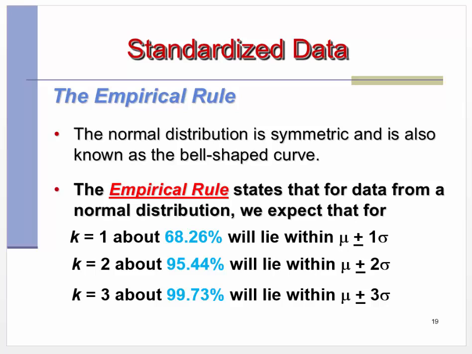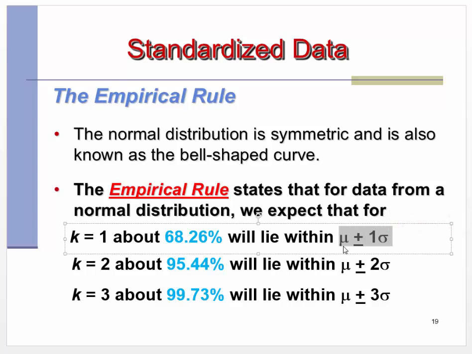It says that the normal distribution is symmetric and also known as a bell-shaped curve, right? We can apply the empirical rule. The empirical rule states that if the data follows a normal distribution, the famous bell curve, then when k equals 1, we expect about 68.26% of the observations to lie within 1 standard deviation of the mean.